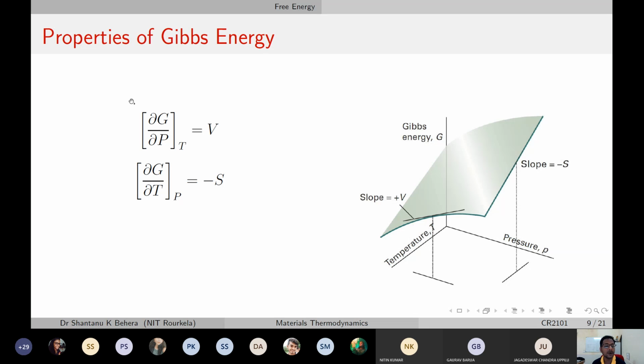So simply, if you look at this mathematical form, it's the partial of G by P, which is how the free energy changes with a change in pressure while you're not changing the temperature. So, temperature being constant, how the partial of Gibbs energy by pressure is changing.